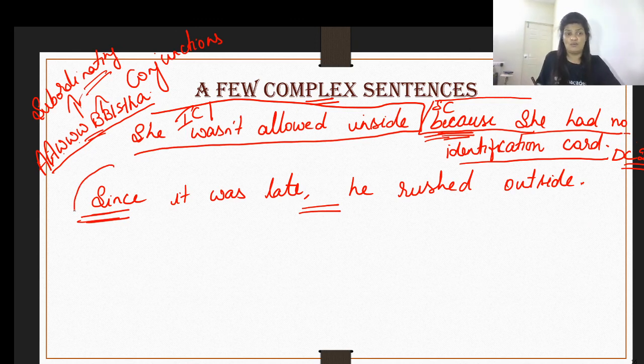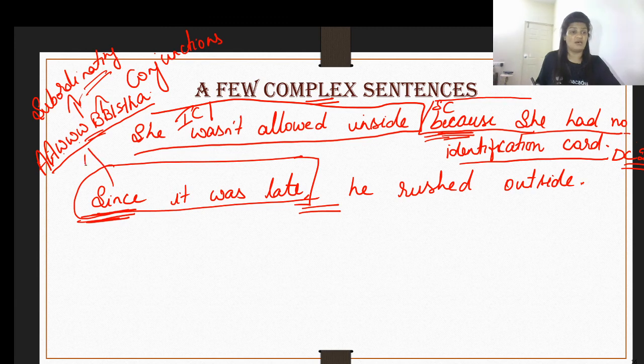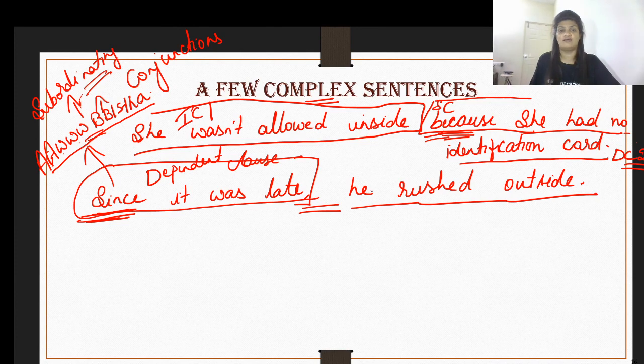Remember when I said that when you have a conjunction, you include the conjunction in that clause, right? So we have included it, and this is our subordinating conjunction. Since it was late, when you have a conjunction included in a clause, it becomes our dependent clause. So which is our independent clause in that case? He rushed outside is our independent clause.